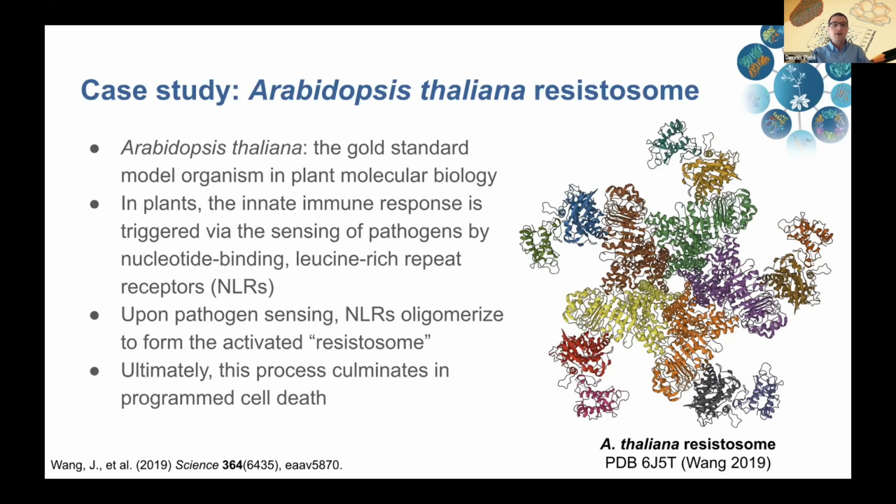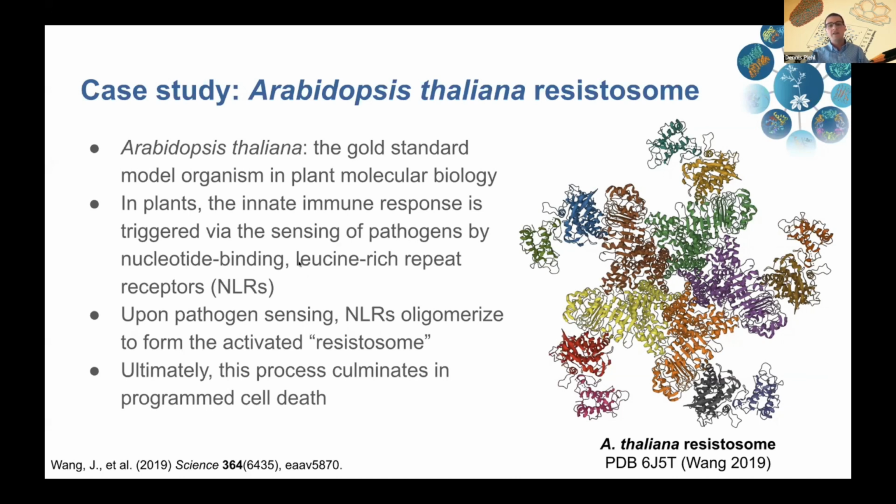And like all organisms, it also maintains an immune system, where it has to fend off pathogens from the environment and maintain its survival. One of the main ways that it does this is through the formation of the resistosome, which is shown here. The way that this forms is through the sensing of a pathogen by a structure known as a nucleotide-binding leucine-rich repeat receptor.